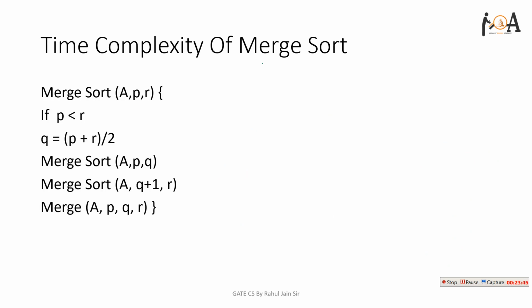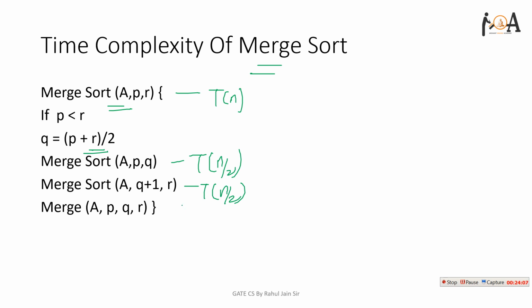And for time complexity, you can observe here that this is the merge sort function. It is the algorithm. For example, it is T(n). We are dividing the complete n elements by 2, so it is nothing but T(n/2), and again we divide the elements by 2, and we repeat until we get the smallest one.